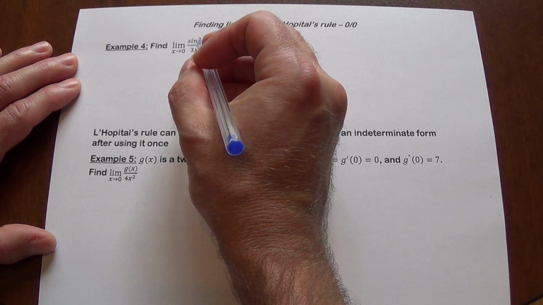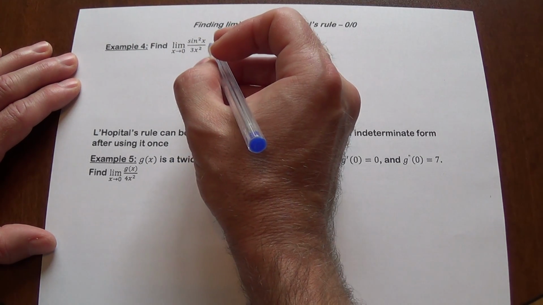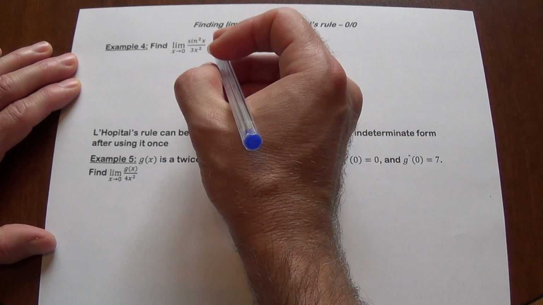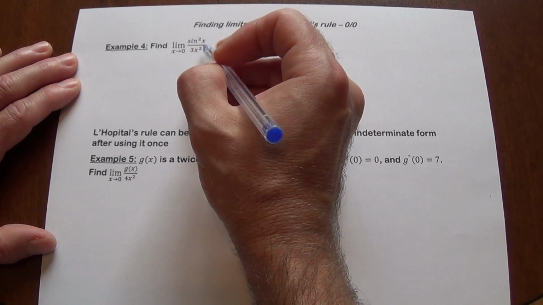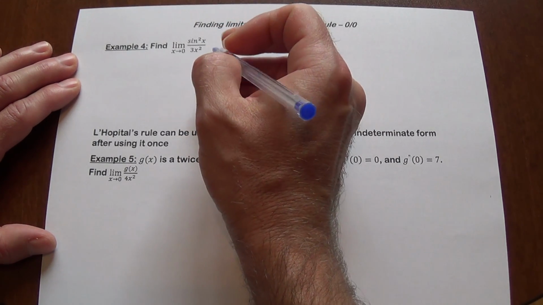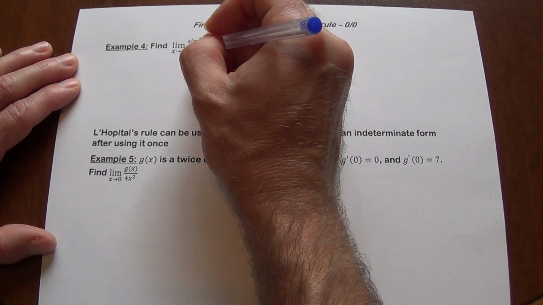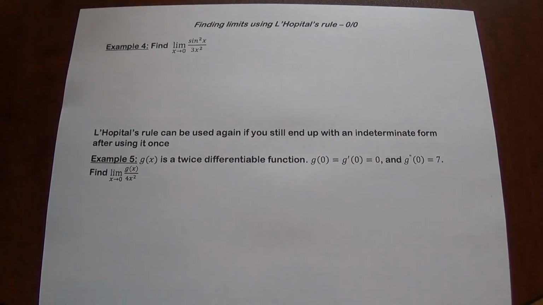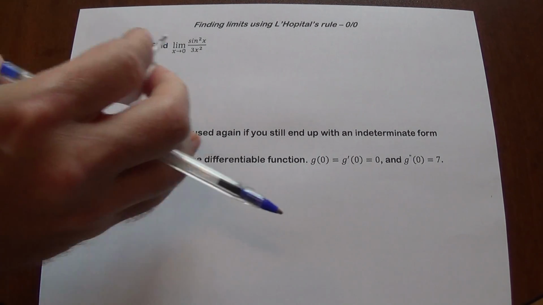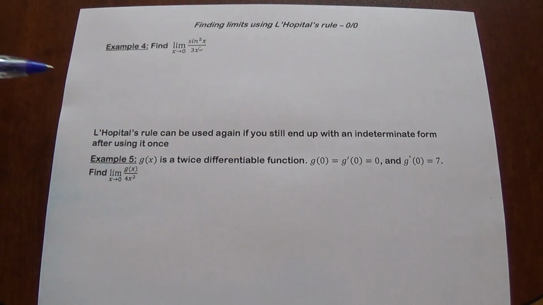Limit of sine squared x divided by 3x squared. So as it stands right now, it is going to give us, actually, you know what, it is a mistake. It's supposed to be x on the bottom. I apologize about that.